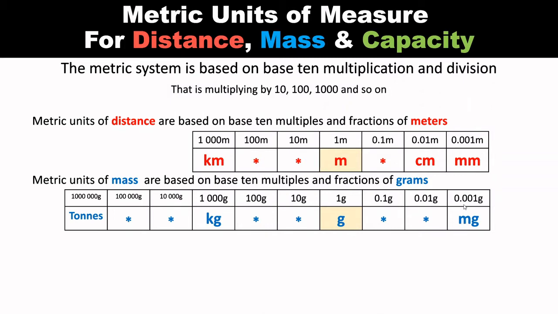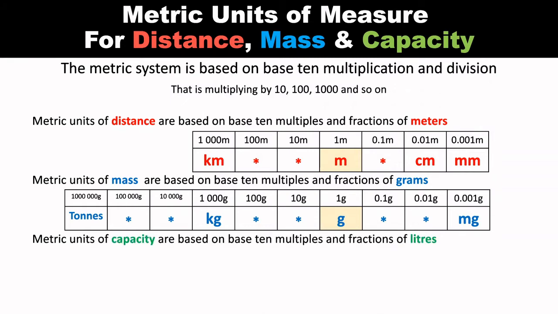Notice milligram is lined up with millimeter. Milli means 1,000th of that unit of measure. So a millimeter is 1,000th of a meter. A milligram is 1,000th of a gram. It's interesting how this all works out so that you don't have to memorize all of these tables. You just need to understand how they work.